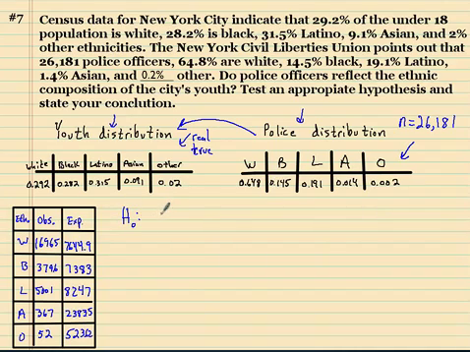The null would be that the police distribution of these follows the youth's distribution.